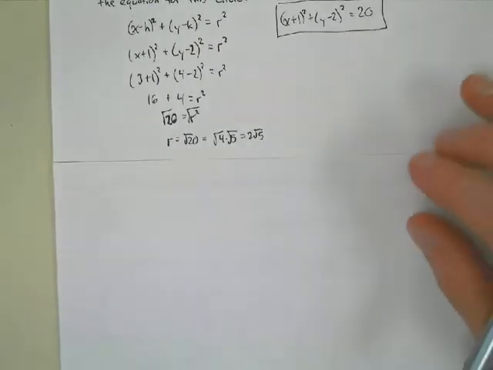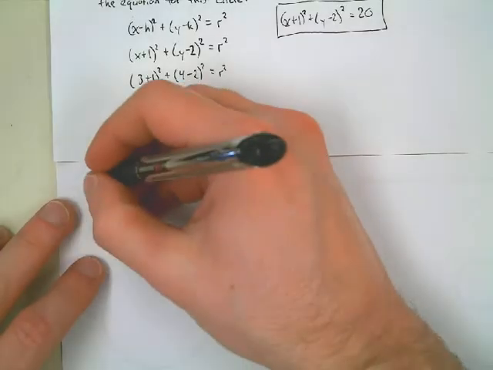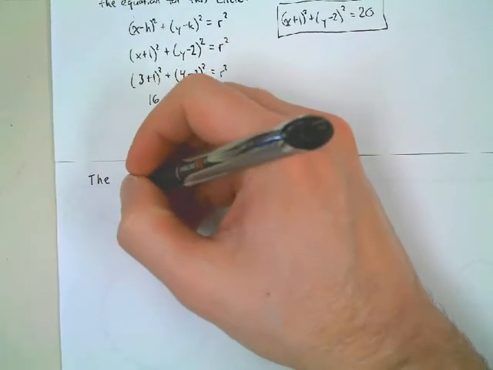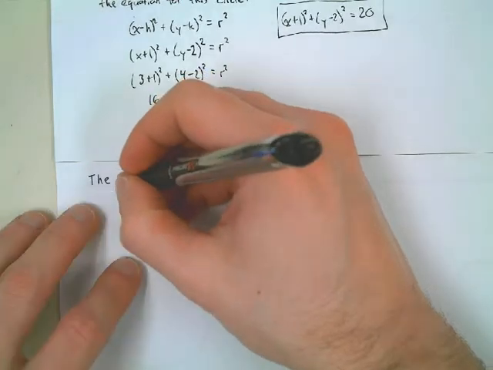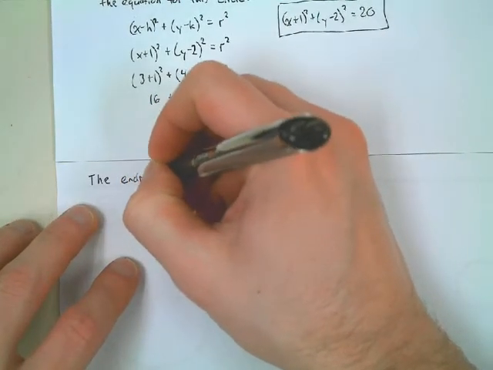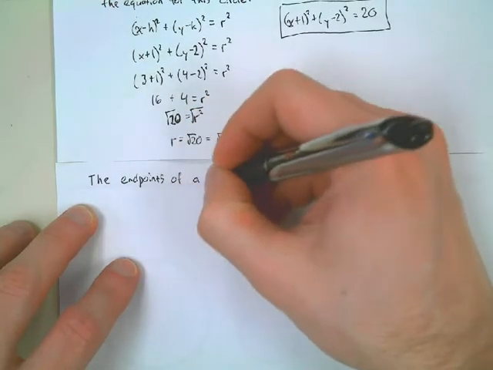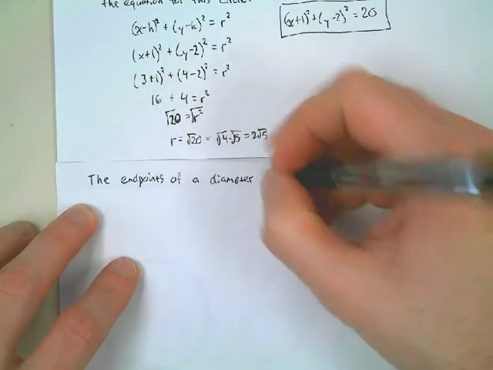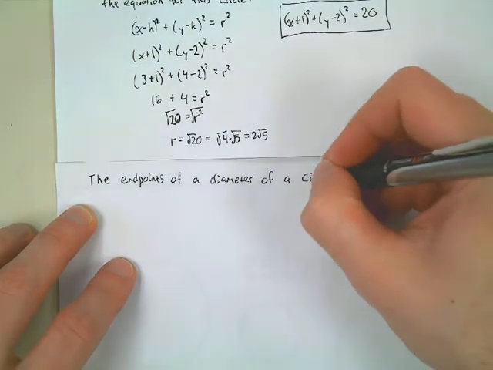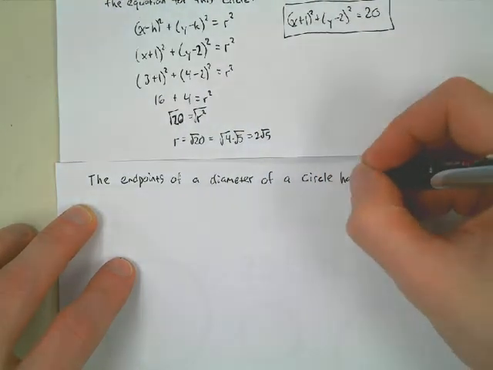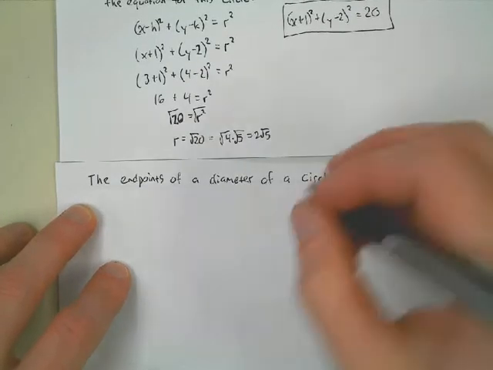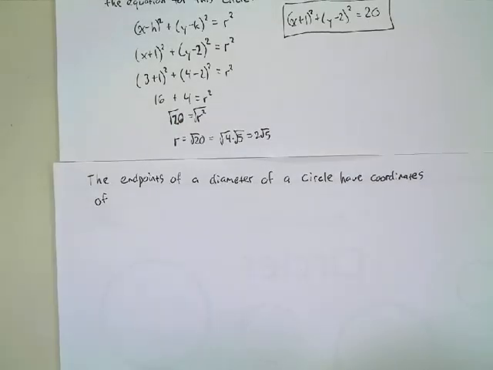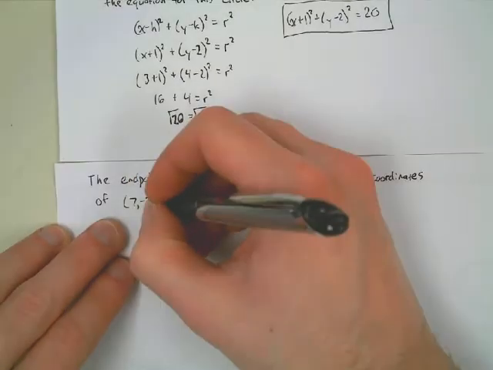Next one. Last one. The endpoints of a diameter of a circle have coordinates of 7, -3 and 1, 7.